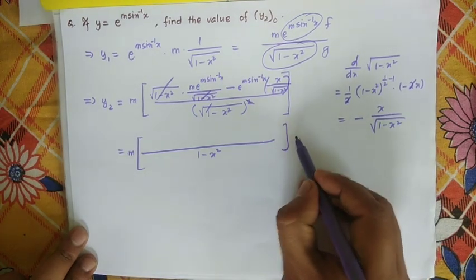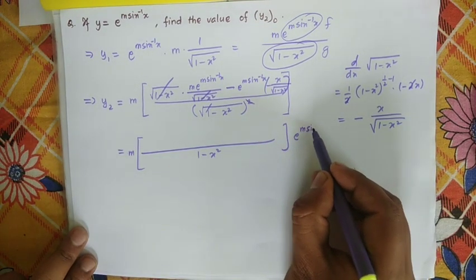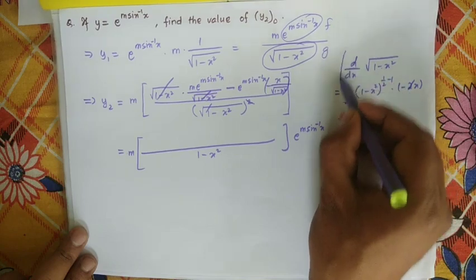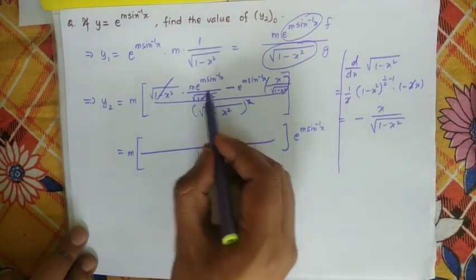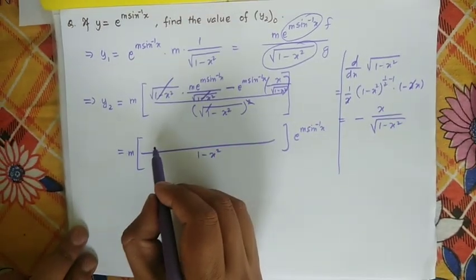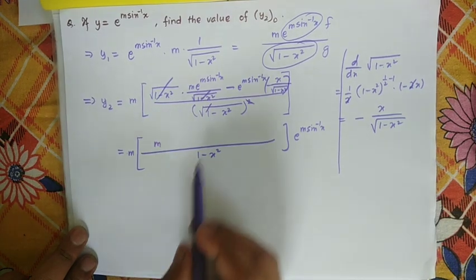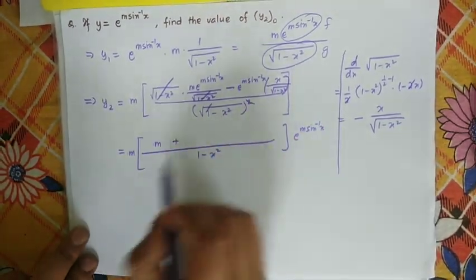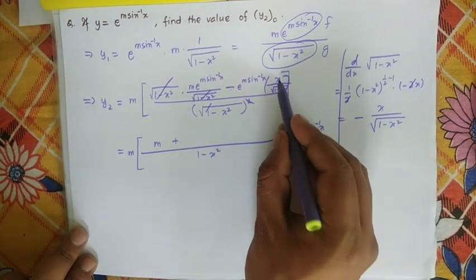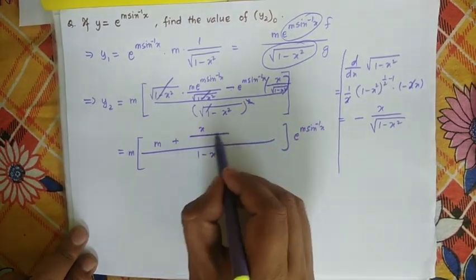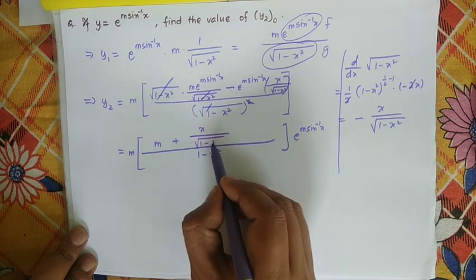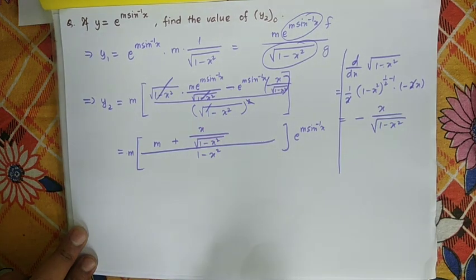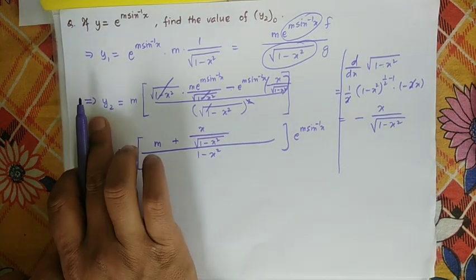Now what is left from here? Only m is left. Okay, now from here minus into minus becomes plus, this is already gone outside, so we have got x by root over 1 minus x square. Okay, so this is the value of my y2.